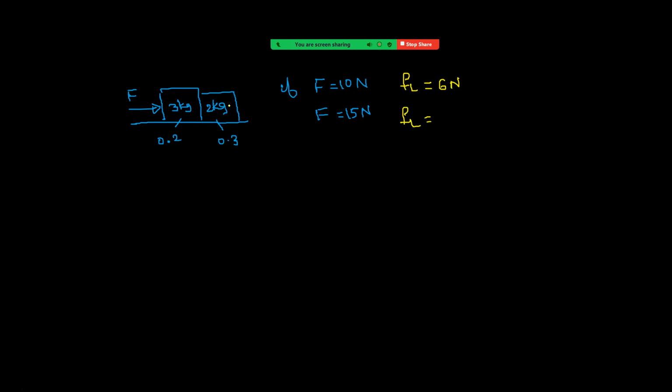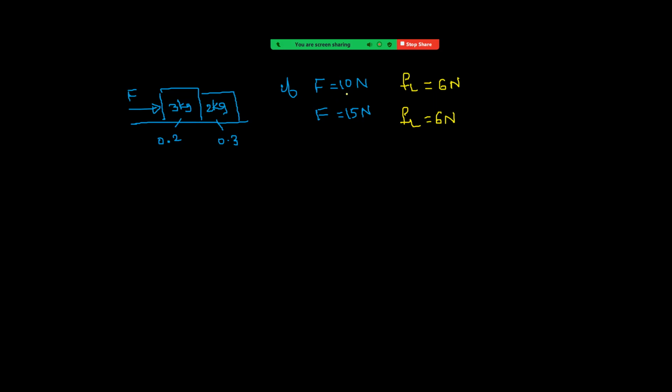Normal reaction is 20, times 0.3, so the limiting value is 6. At this contact also the limiting value is 6. So if you want to move the system, we have to apply a minimum of 12 Newton, because when they are moving, friction will be opposite, right?